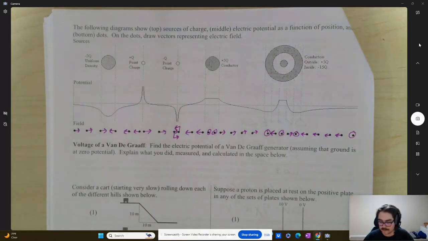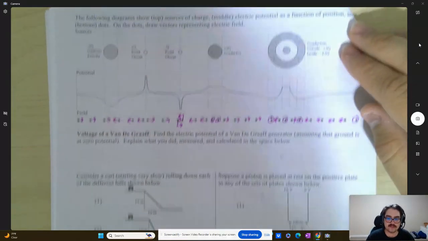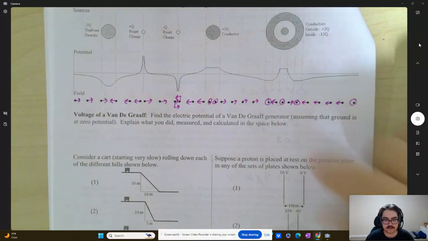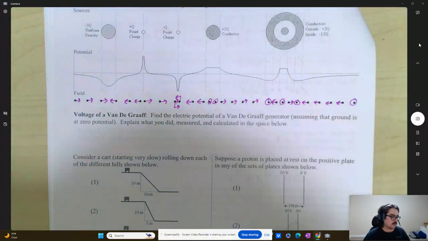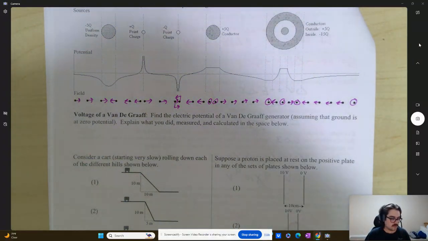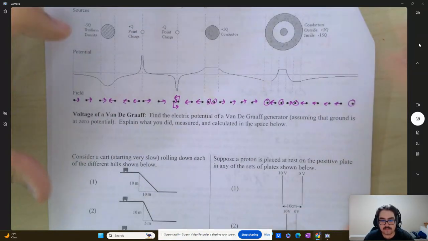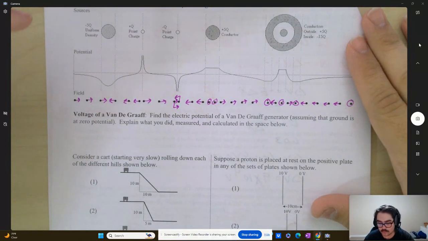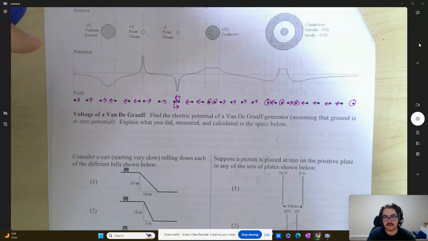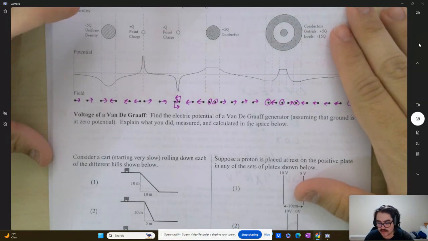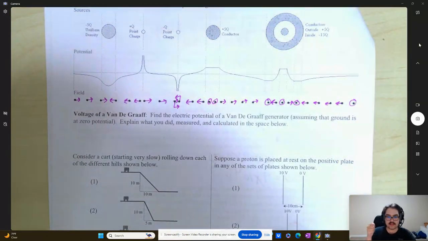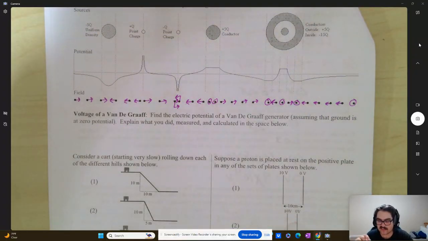For the Van de Graaff, this is something you would probably do as a demo, so you would have to bug your teacher about that. The way you would measure it is you would hold the grounded ball up to the Van de Graaff generator and see how far away the ball needs to be to have a spark jump from the generator to the ball.